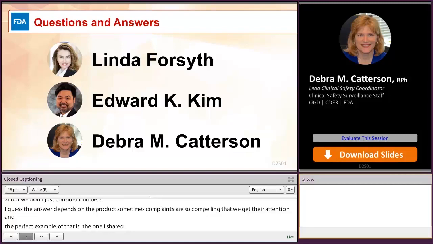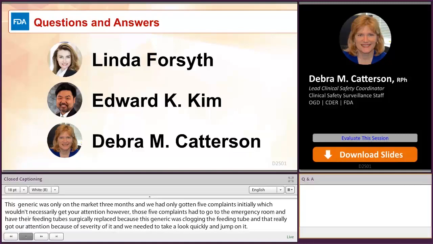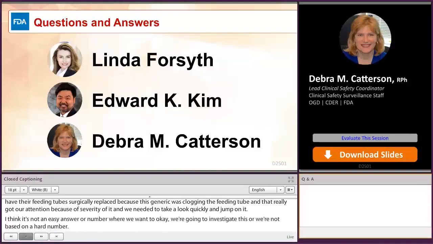So it's not an easy answer to say there's a definitive number where we're going to investigate this or not based on a hard number. We're really looking at the narrative in the MedWatch complaints, and we're looking at the severity of the adverse event. Were folks hospitalized?